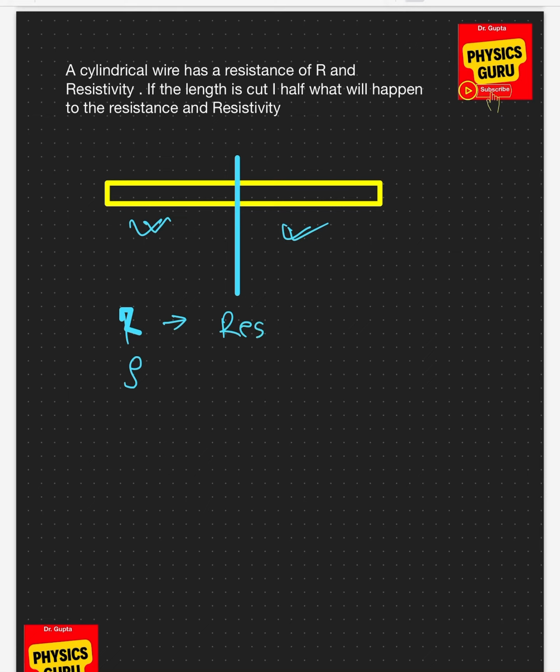That's the resistance, and that's the resistivity. And look at the relation, R equals rho L over A. It is talking about the resistivity and resistance if you cut into half.